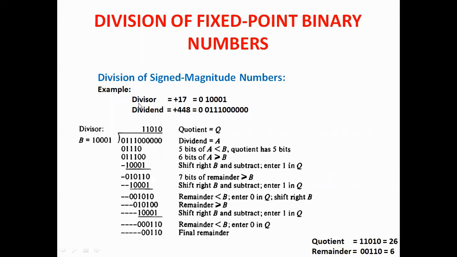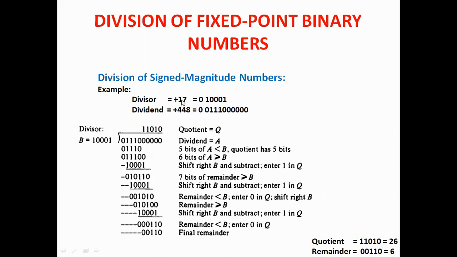Let us say we have to divide 448 by 17 and both are positive. So the divisor is plus 17 and the dividend is plus 448.